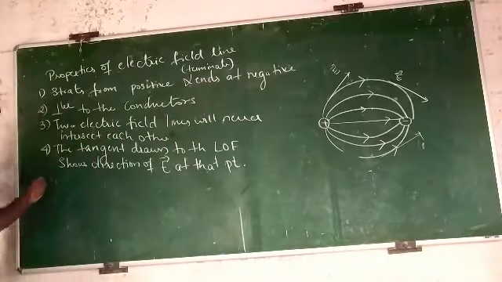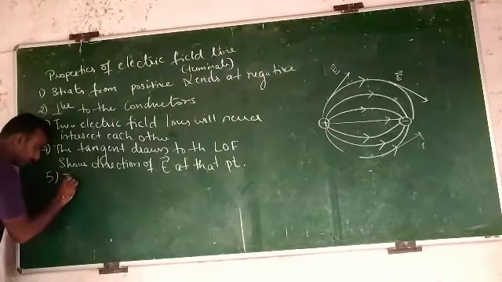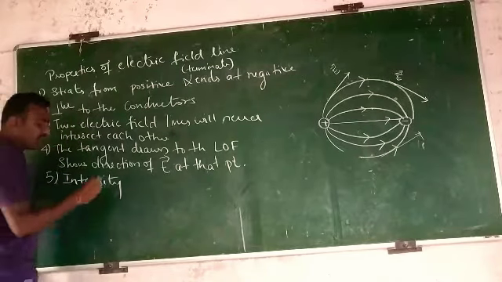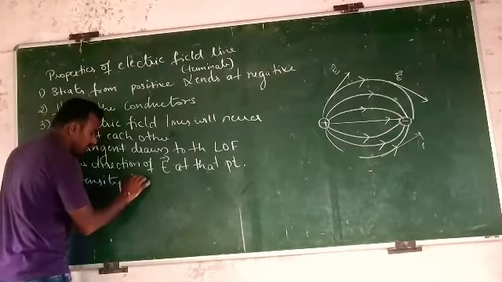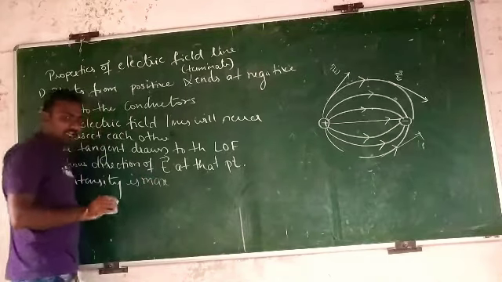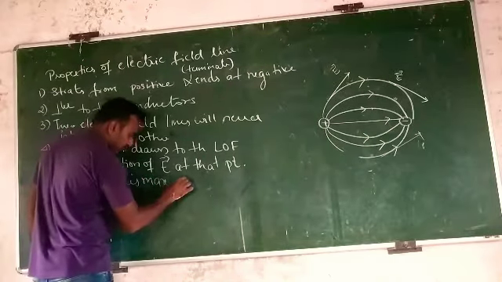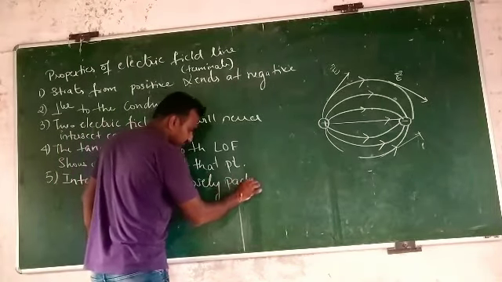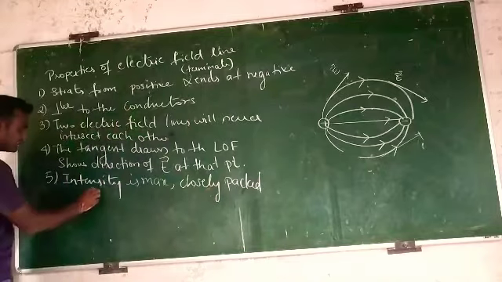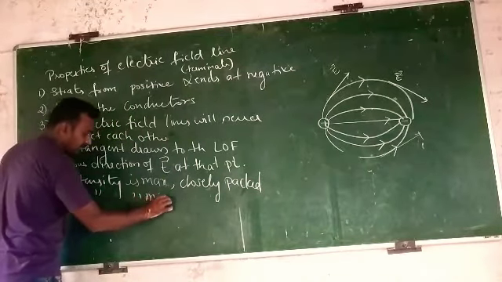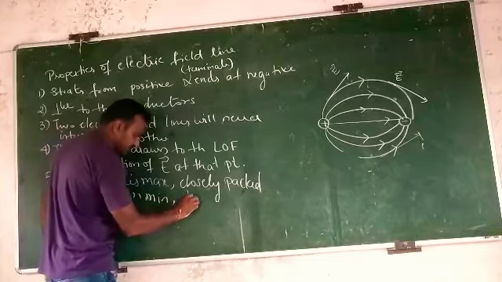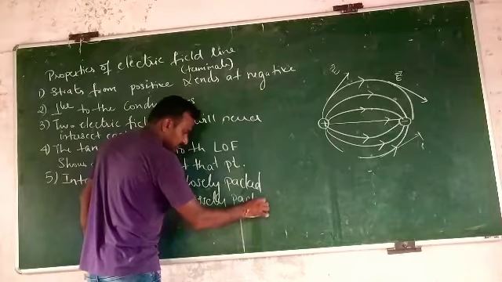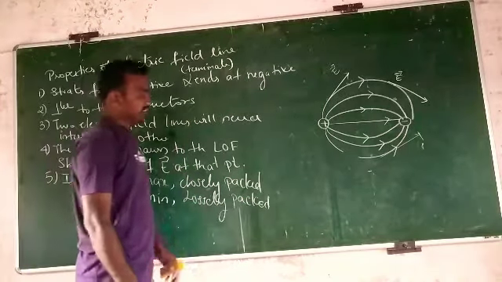Next, the intensity. Intensity of the electric field is maximum when they are closely packed, and intensity is minimum when they are loosely packed. Now look at this.